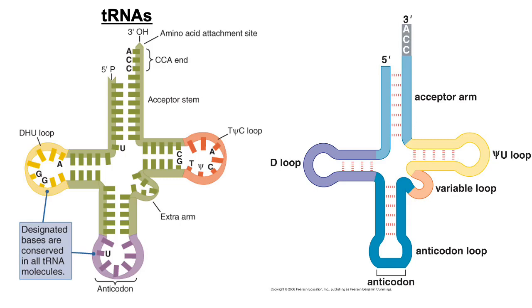And so it's just a fusion of an amine group to the OH at the end of the ribose sugar. The anticodon is 3 RNA nucleotides that are essentially template strand. They are template strand for a codon.